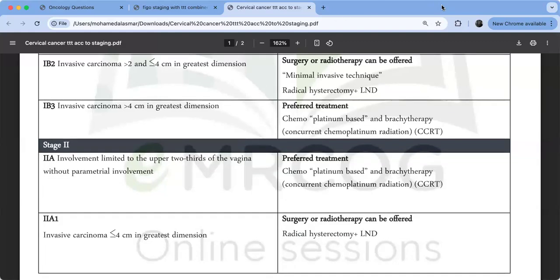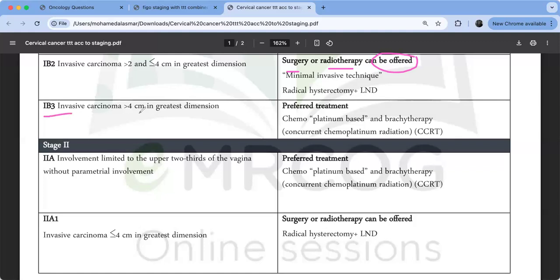For 1B2, surgery or radiotherapy can be offered to the patient according to the selection criteria, according to the MDT. If they advise surgery or the patient agrees to it, it will be radical hysterectomy plus lymphadenectomy, of course. Otherwise, she can have treatment by radiotherapy.